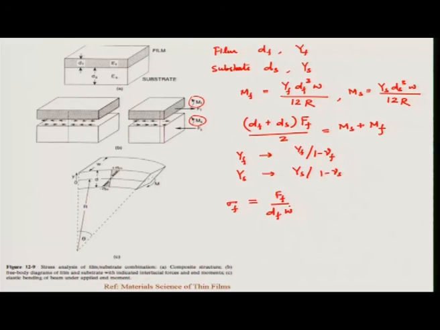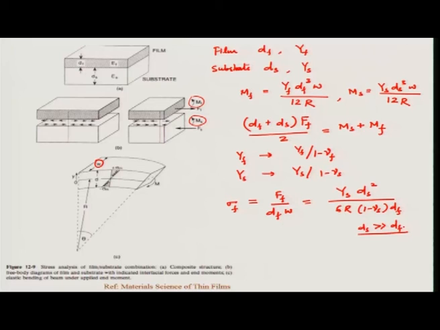W is the width of the film, and this will be Ys ds square divided by 6R (1 minus nu s) df, and this expression is valid for ds much larger than df. So where the substrate thickness is much larger than the film thickness.